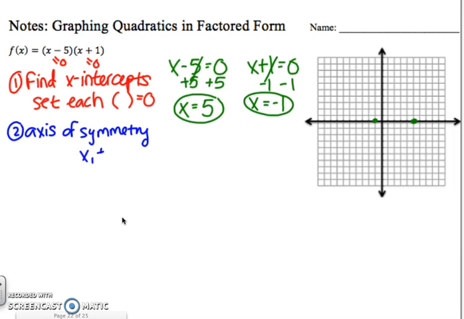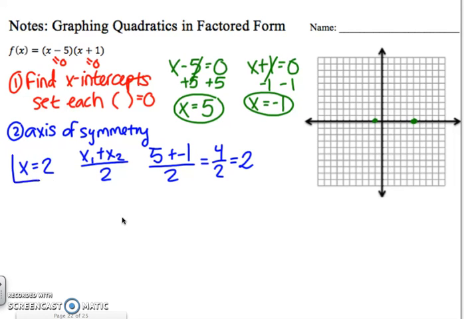So I would do 5 plus negative 1 over 2, because that'll find the middle point of those 2 points. 5 plus negative 1 is a 4 over 2, so a 2. So your equation of the axis of symmetry is x equals 2. So you're going to draw a dashed line. Here is where x is at 2, so draw a dashed line through x equals 2.